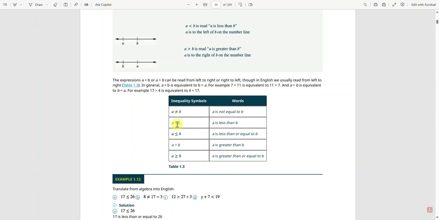Here we see A is less than B. Here we see the less than symbol with part of the equal sign underneath it.